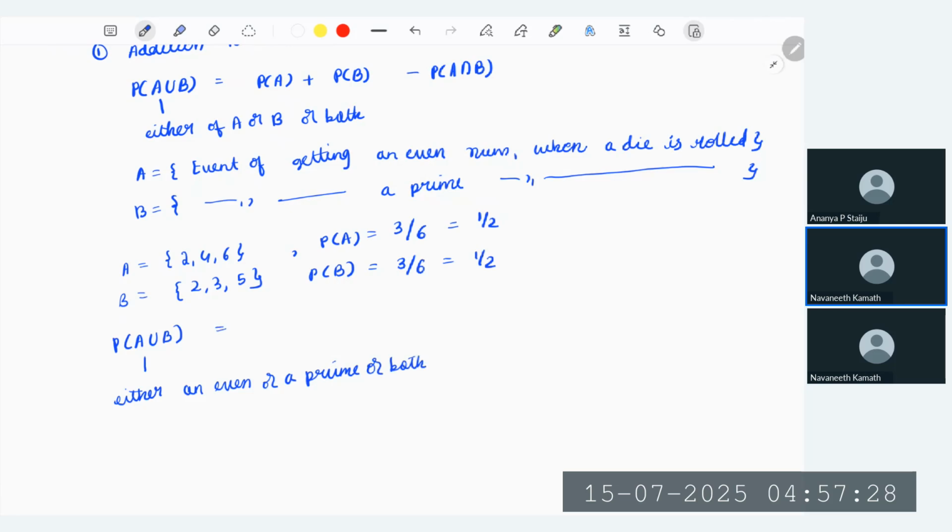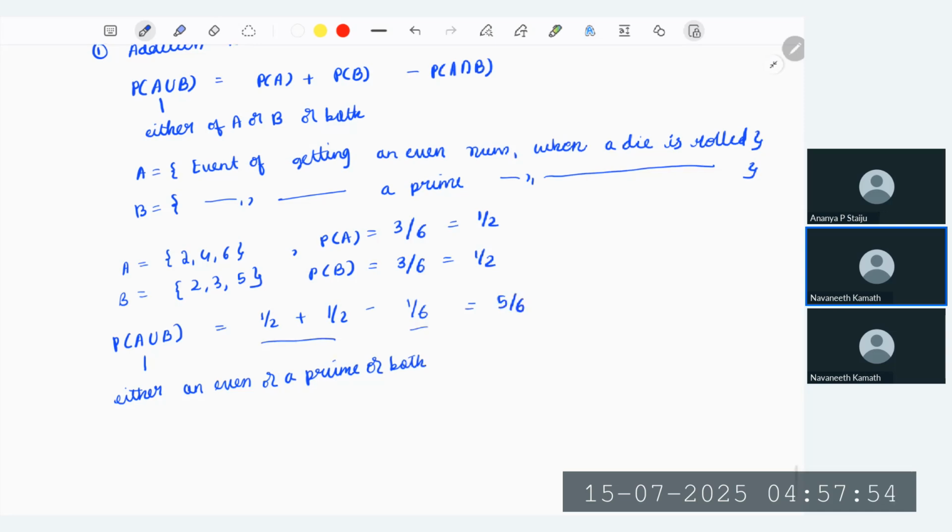To find it we'll use this formula: P of A plus P of B minus P of A intersection B. P of A is 1/2, P of B is also 1/2, minus the common thing between the two, which is one item, that is 1 among 6. So half plus half is full, minus 1/6 is 5/6.